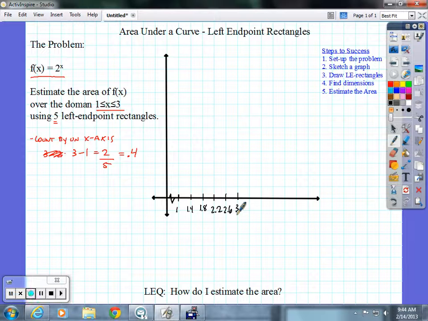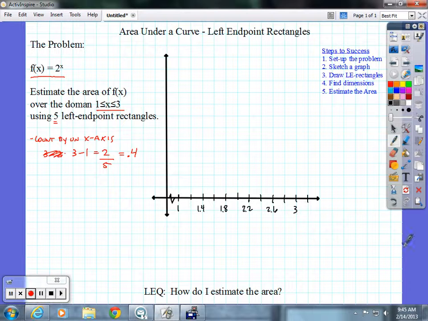If you don't like it being that squished, let me change that a little to make it look nicer. Let me back up. We'll go 1, 1.4, 1.8, 2.2, 2.6, and 3. I just want to space things out to make it a little easier to look at.